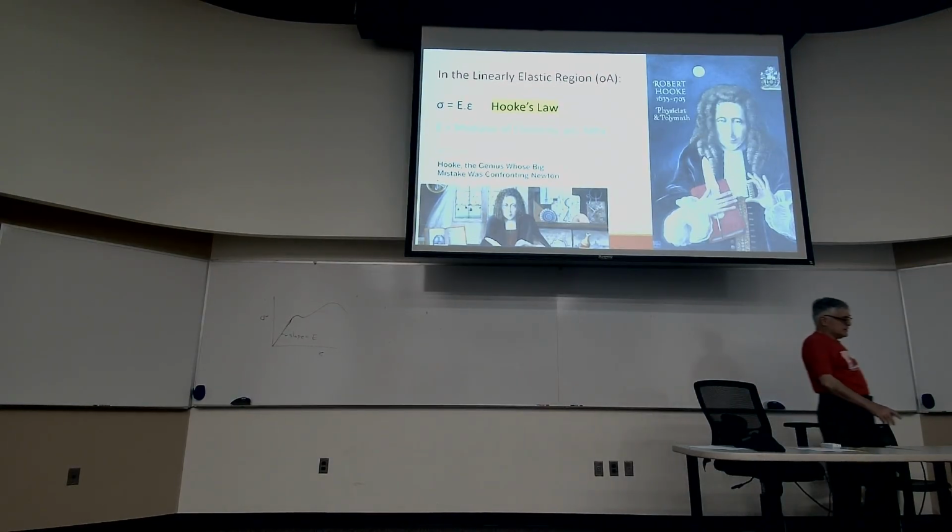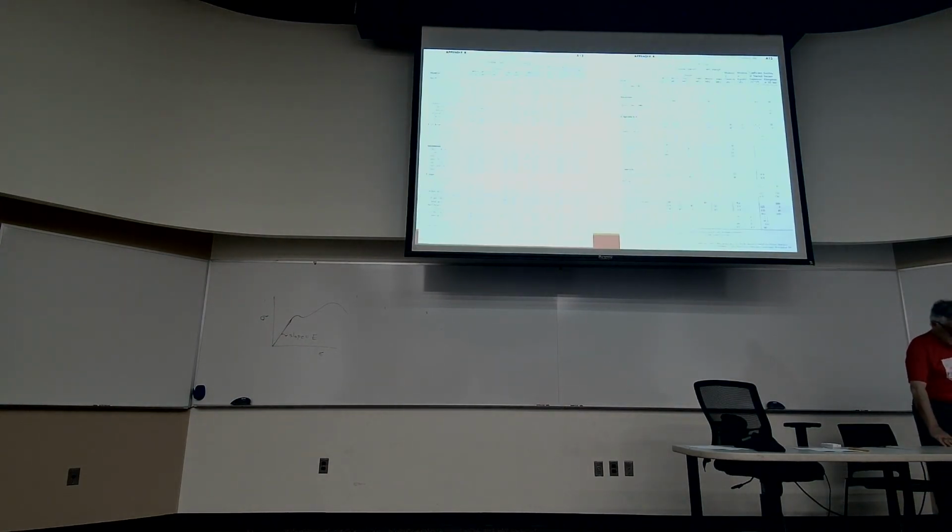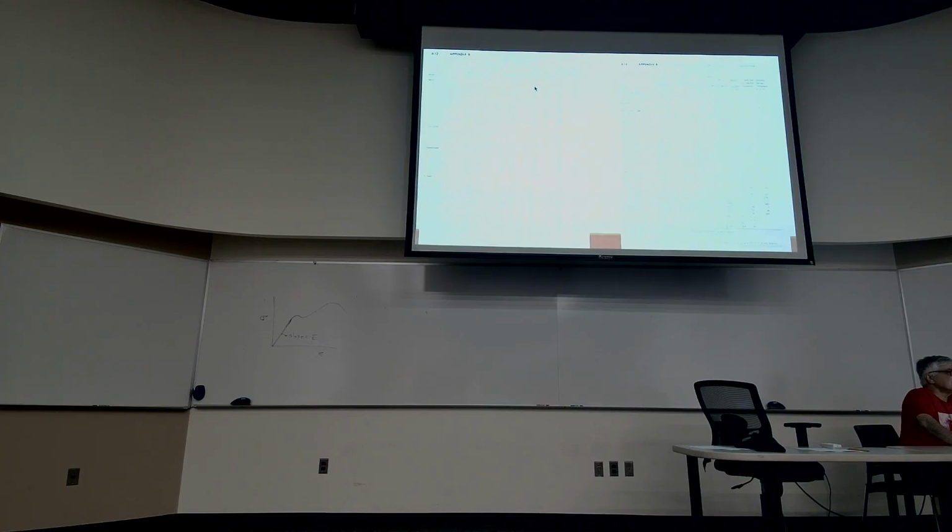We just looked at it. So if you go back, you can see this column here, modulus of elasticity in gigapascal. So for steel, E is 200 gigapascal. And in English units, it will be 29 million psi.